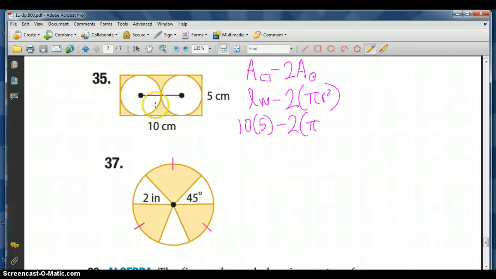The radius of one circle, well, this entire distance across is 10, so half of that, or the diameter, would be 5. Therefore, the radius would be even half of that.